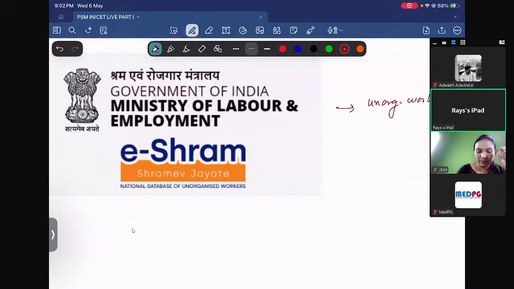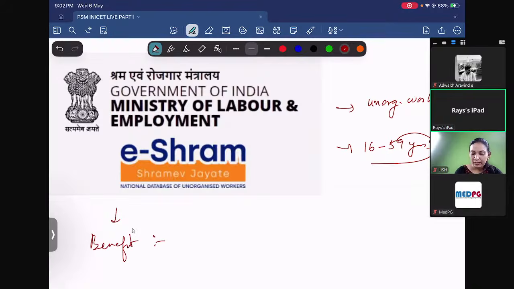Anybody aged 16 to 59 years working in the gig industry can register, because they're not covered under ESIC or anything. The benefit of registering under e-Shram is that in case of any accidents, they get accidental insurance coverage.